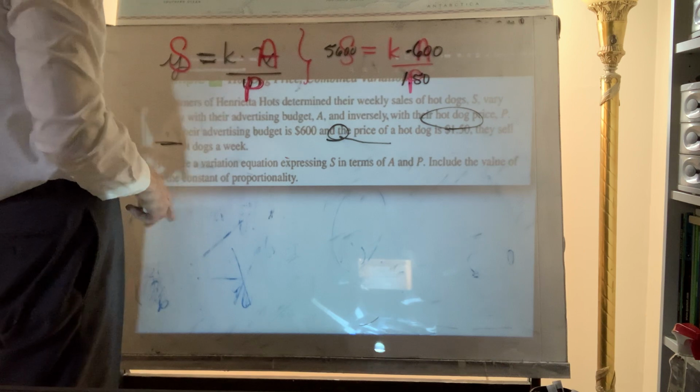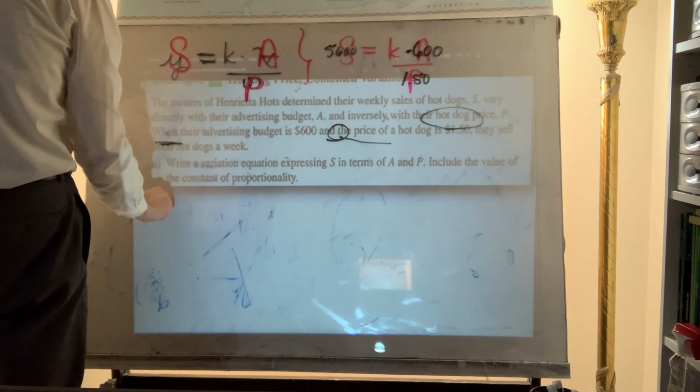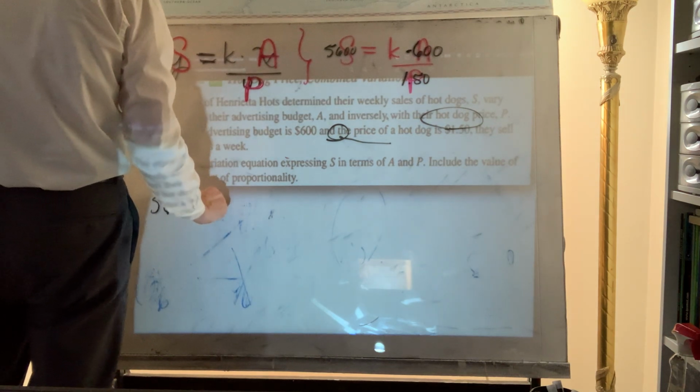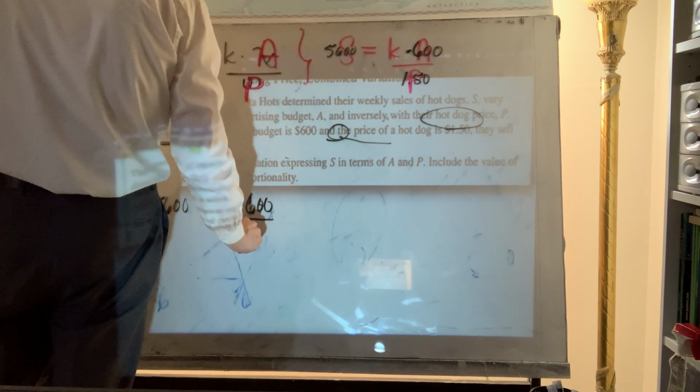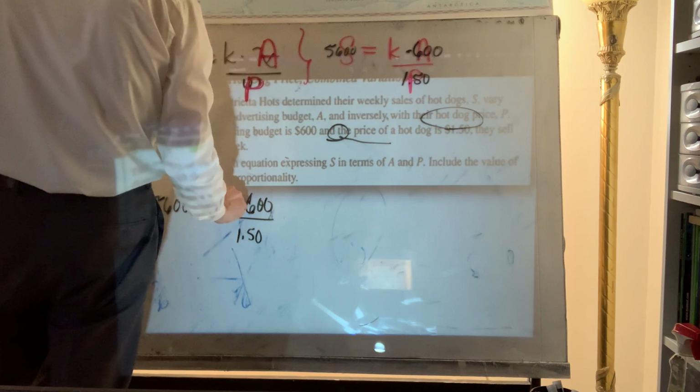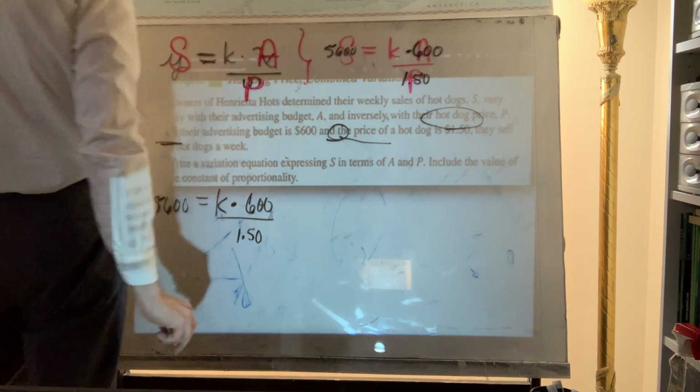All right, borrow some technique here. If we have 5,600 is equal to K times 600 over 150, that's a factor X, and this is a decimal point.